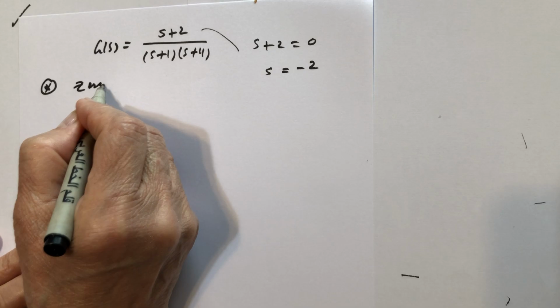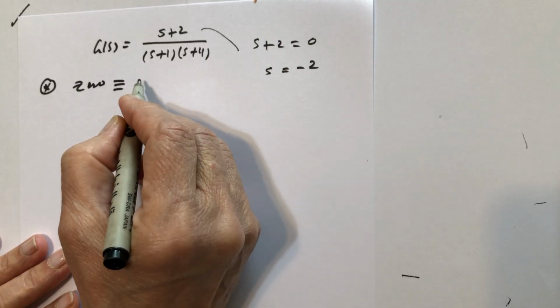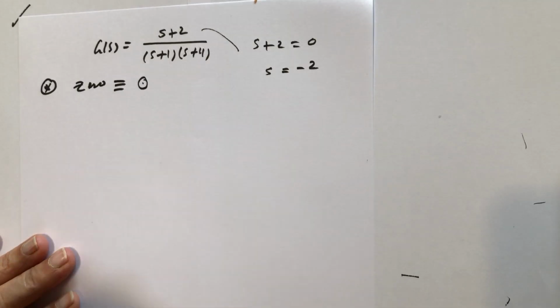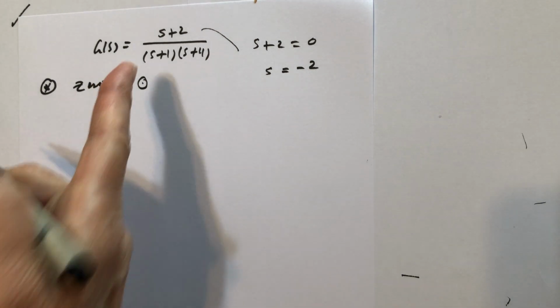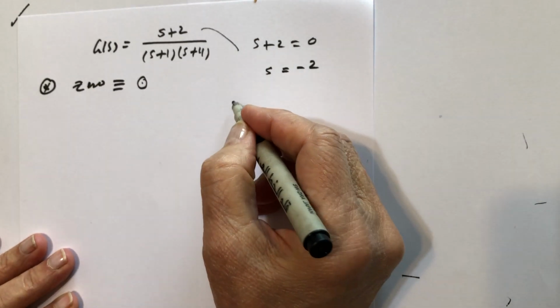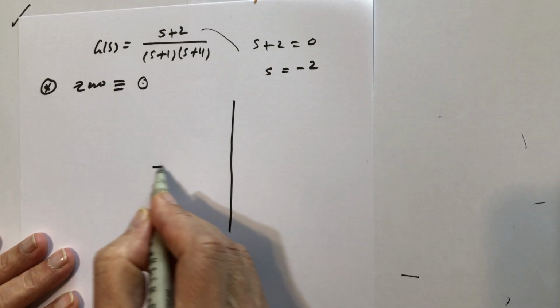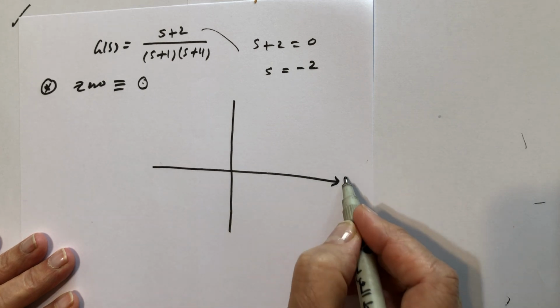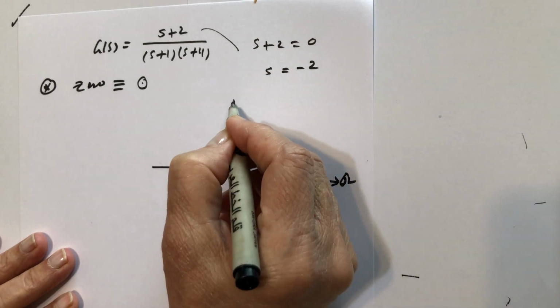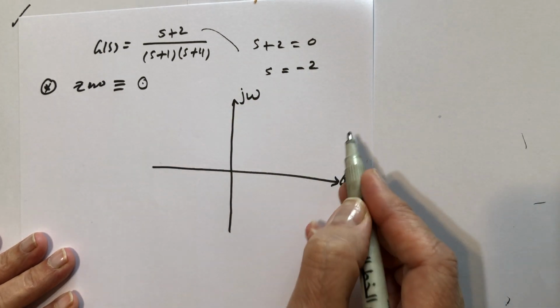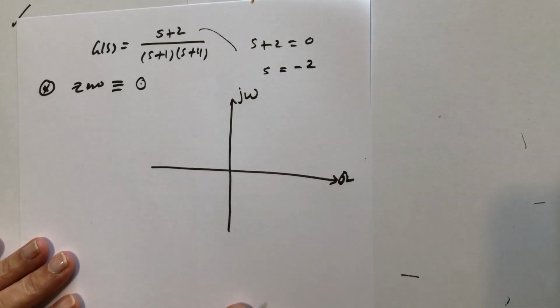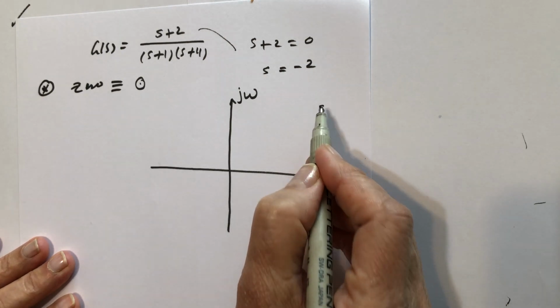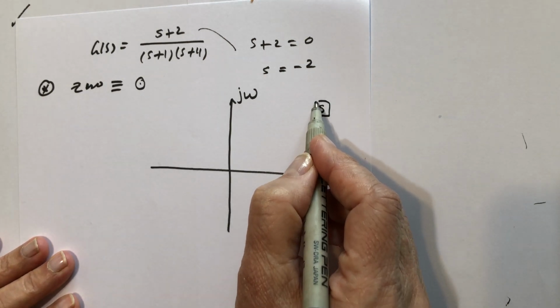The zero is equivalent to a circle, like that. Now, if we put this on the S plane, if I go like that, this is j omega, this is sigma, this is a complex plane, I call it S, and we put a square around it.